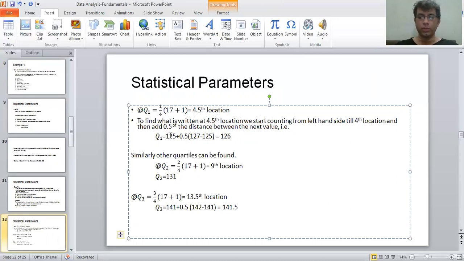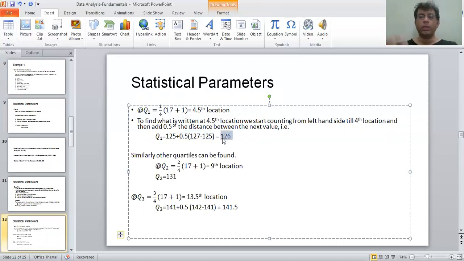So this is the fourth position, and at the fourth position we had the value 125, and then we add to it 0.5 of the distance from the fourth to fifth. The calculation of this simple equation gives us the value 126. We first find the difference between the two, which gives the answer 2. 2 multiplied by 0.5 is 1, and 1 plus 125 is 126.